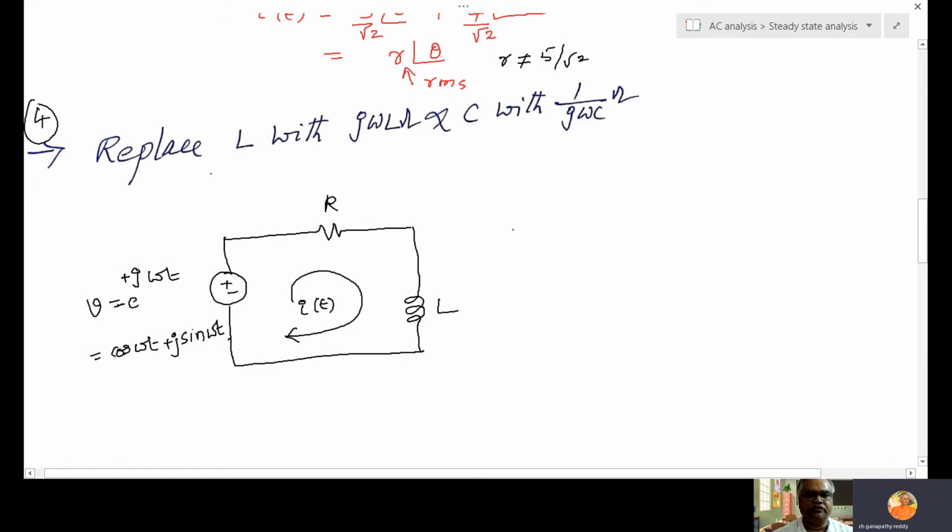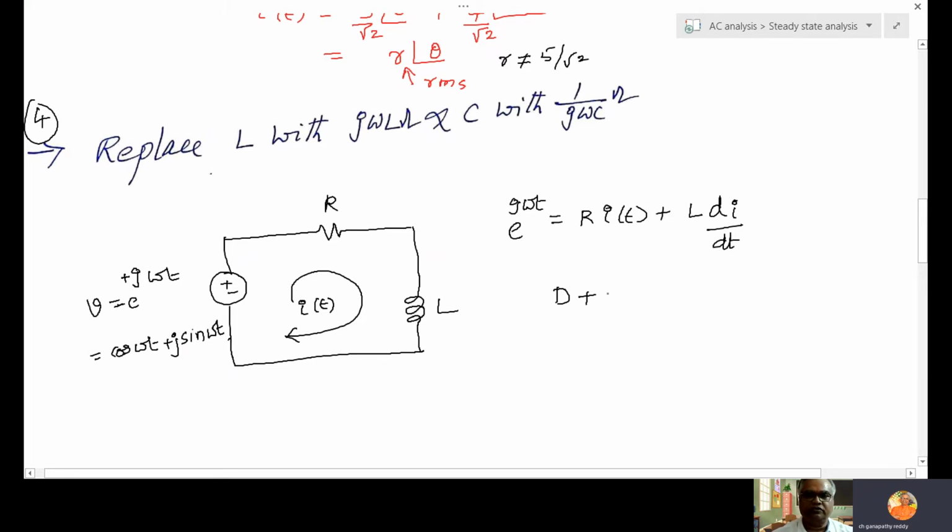So what is the mesh equation? e power j omega t is equal to R into I of t plus L di by dt. It changes into D form.